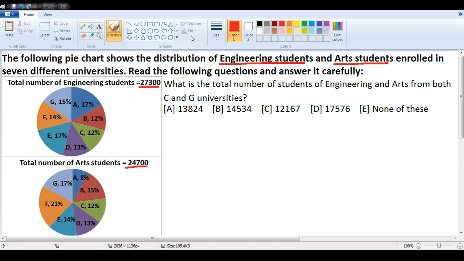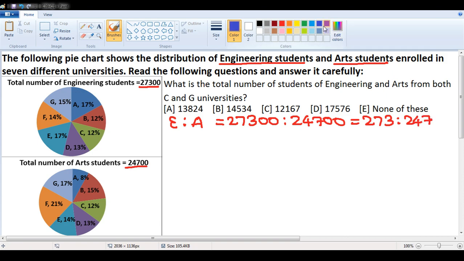Now, I already told in many problems, we have solved multiple problems of similar kind. Engineering students is 27,300 and arts students is 24,700. The ratio is 273 is to 247, which can be further simplified as 13 into 21 is 273, 13 into 19 is 247.